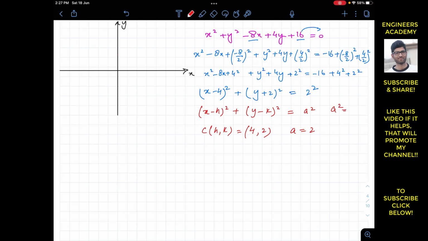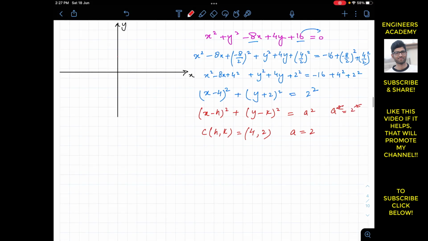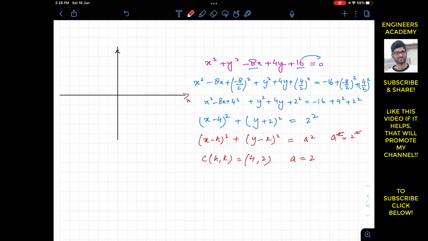If we compare a square equals to 2 square, the squares will cancel out, and we are left with a equals to 2. So the center is at x equals to 4, y equals to 2. So this is 1 2 3 4 and 1 2. So somewhere here is the center of the given circle, and its radius is 2.